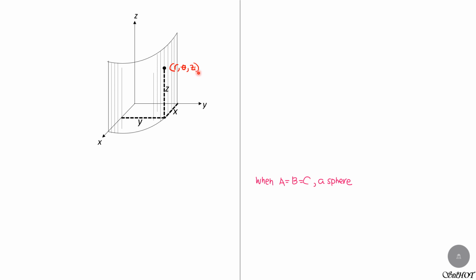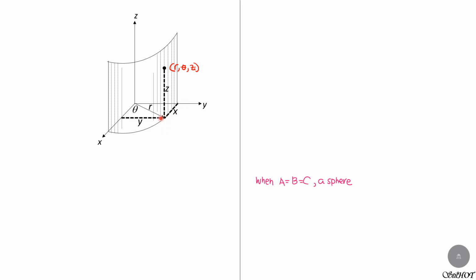The coordinates would be r, theta, z. For the spherical coordinate system, it was big R, theta, and phi. So here we have small r, and small r makes an angle of theta with the x-axis.